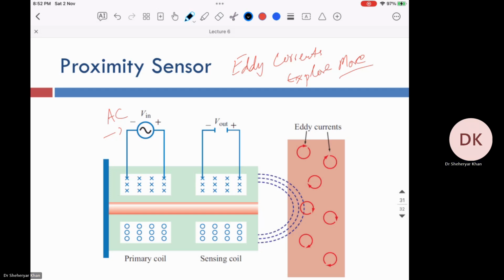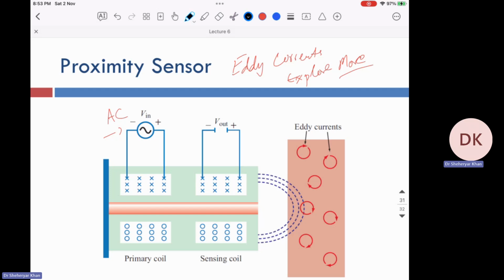For example, this is the primary coil, and we have an output of 5, 6, 10, whatever. Now, this area is exposed. That means you place something near to it. I have an iron piece, and I bring it closer to the magnetic flux.